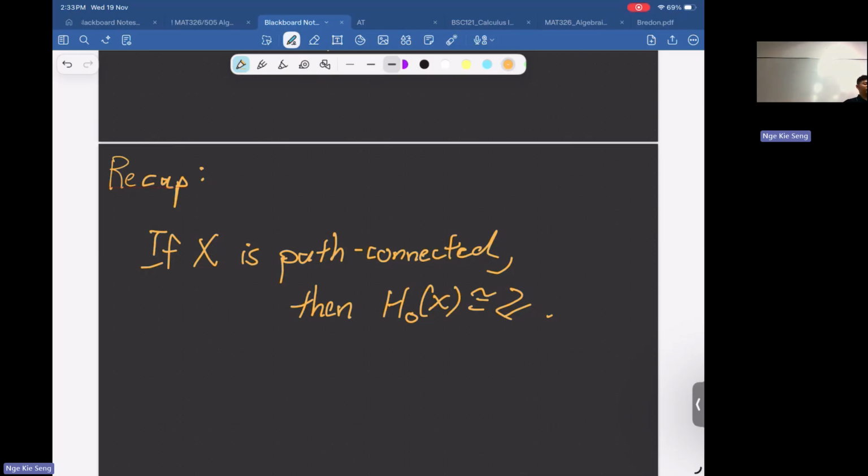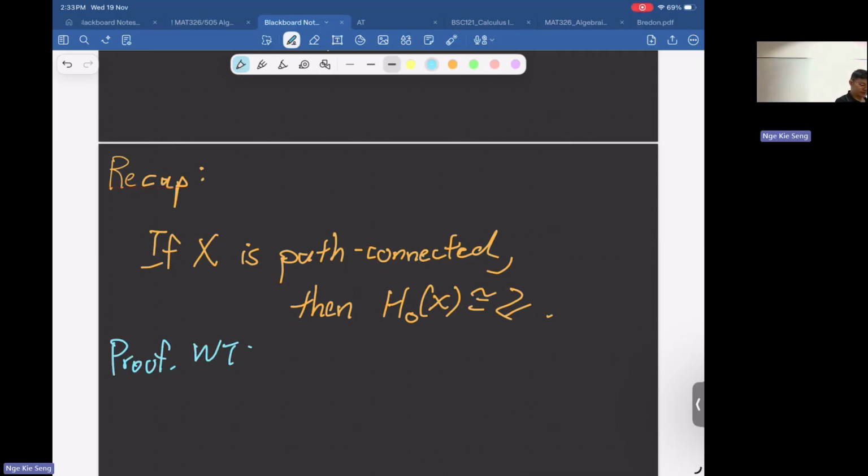So you are really counting how many path connected components for your H0. This is very similar for zero cohomology. You're counting something very basic: a function defined on the whole space, and you count how many possible functions there are. And then, how do we prove this? Basically, we need to establish that.